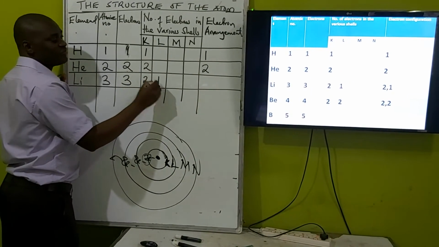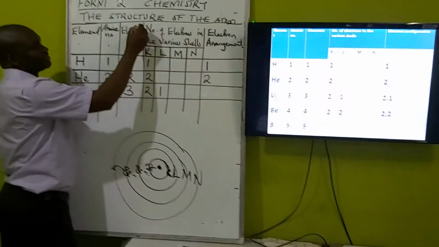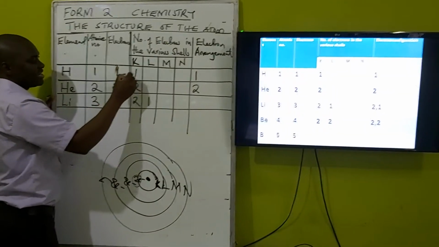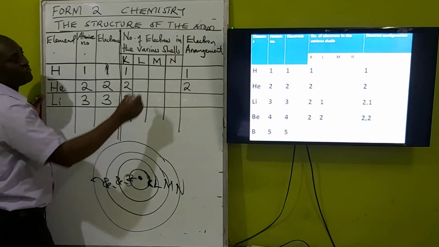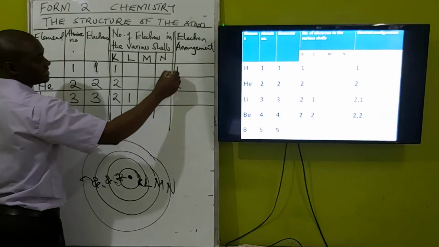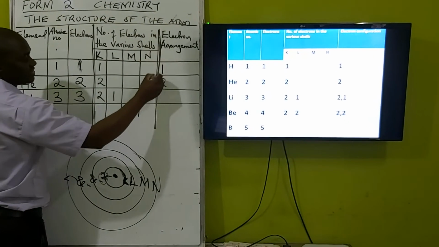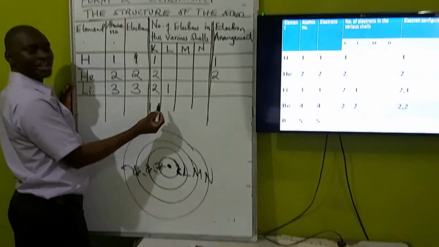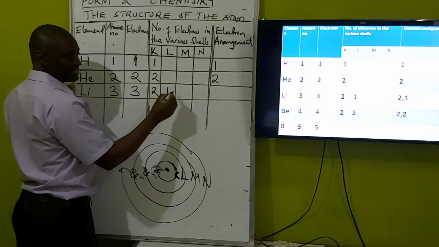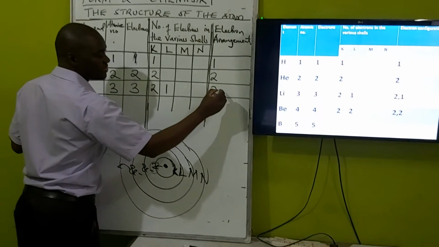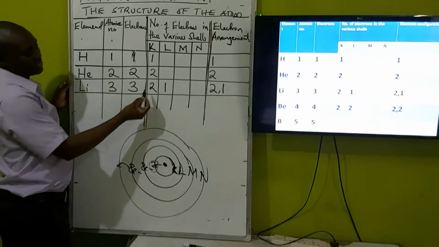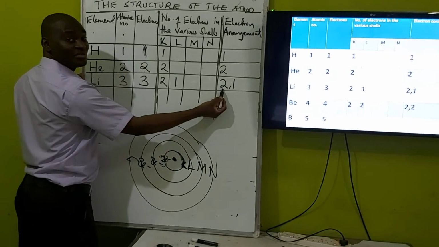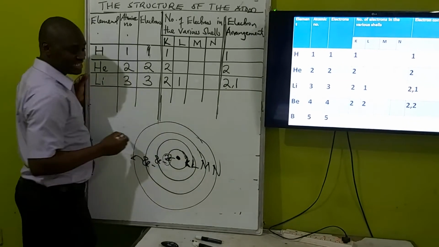That 1 electron will move to the second energy level. So let me put a boundary there. The electron arrangement will be 2, 1. We read it as 2, 1: 2 electrons in the first energy level, 1 electron in the second energy level.